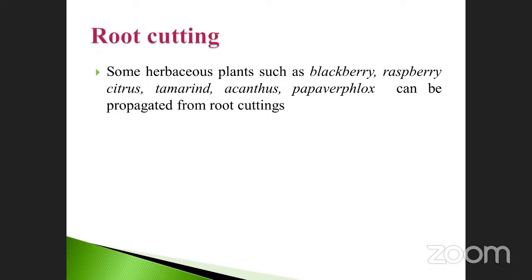Take a small piece of root from that particular plant, just take a sample and place it in a separate pot or separate place, whether it may be a garden or somewhere else in your house. The root produces the leaves, and primary and secondary roots also are produced, and it is also used for commercial purposes.